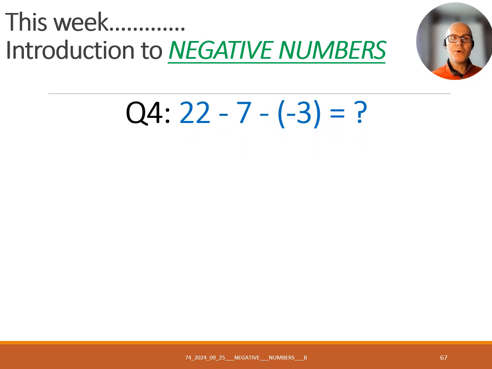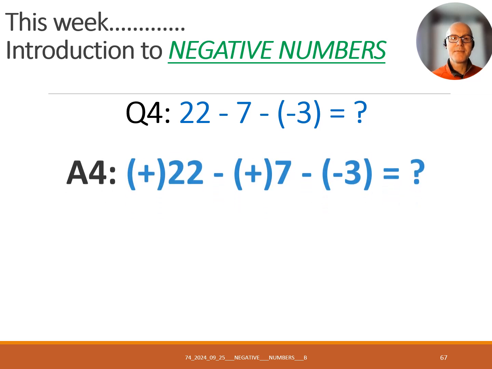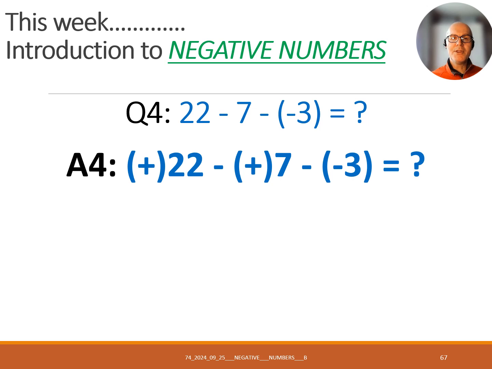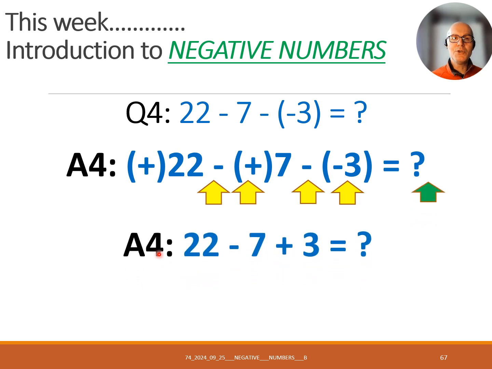Question 4. 22 subtract 7 subtract negative 3. If we put the positive signs in, subtracting a positive stays as subtract, subtracting a negative changes to add. 22 subtract 7 subtract negative 3 changes to 22 subtract 7 plus 3.